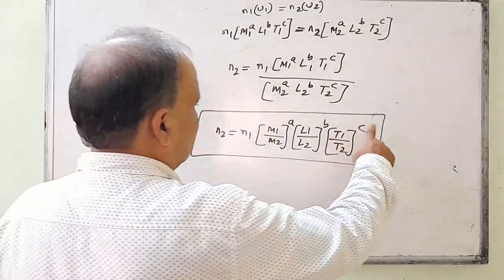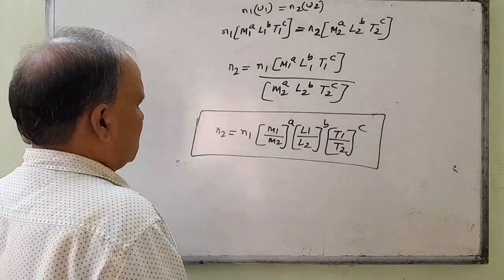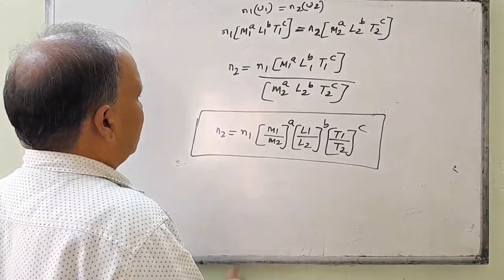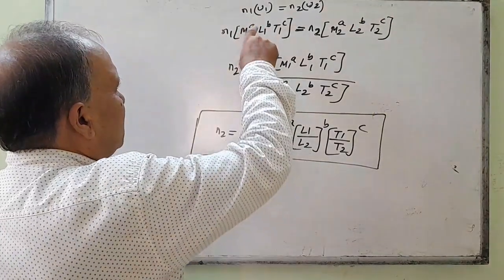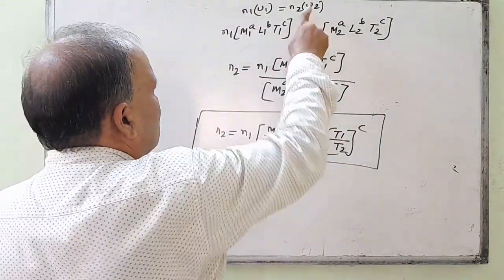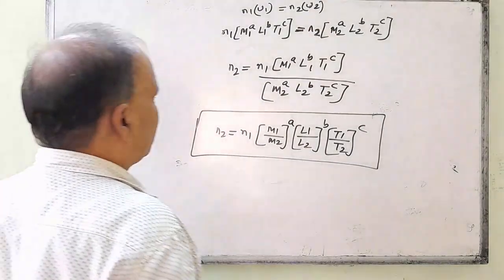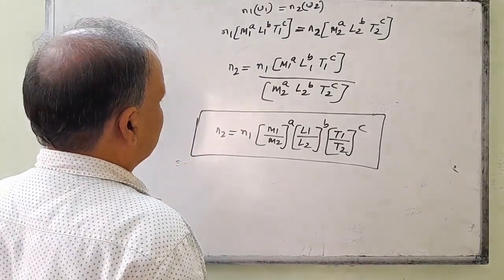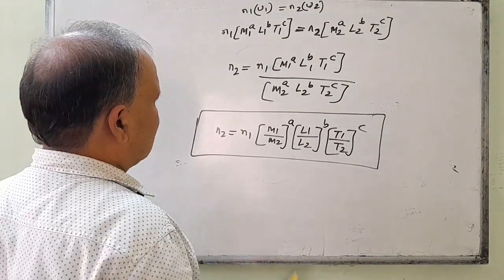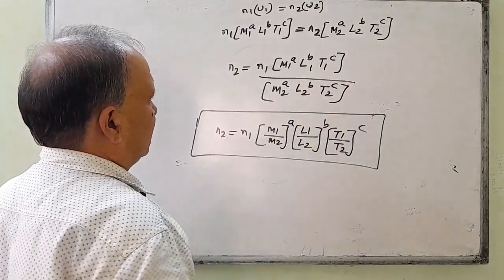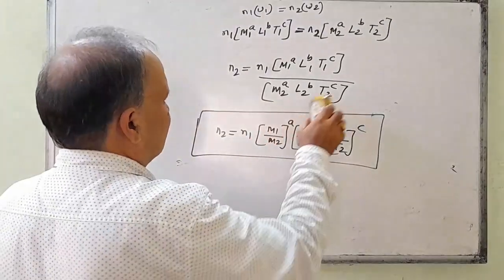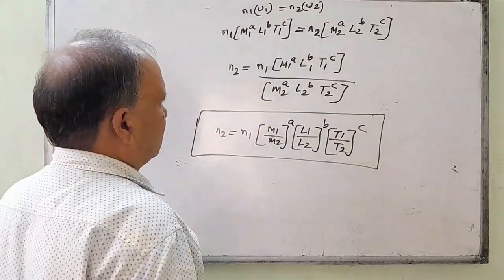In system 2, its magnitude is n2. And in system 1, its unit is equal to u1. In system 2, its unit is equal to u2. And in system 1, we write its mass, length and time as M1, L1, T1, and in system 2 mass, length and time are M2, L2, T2.